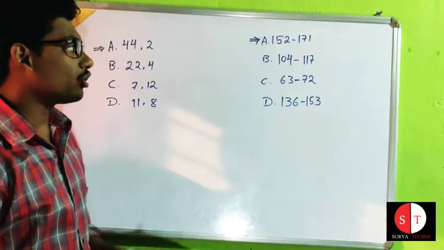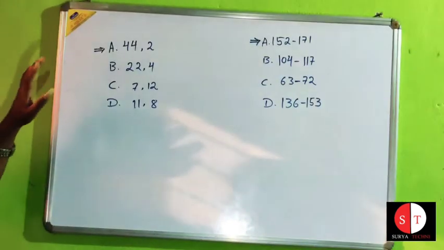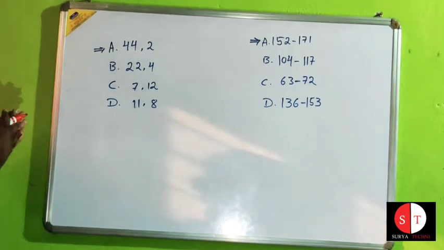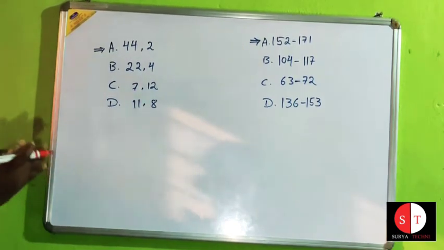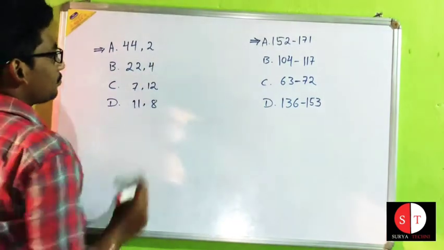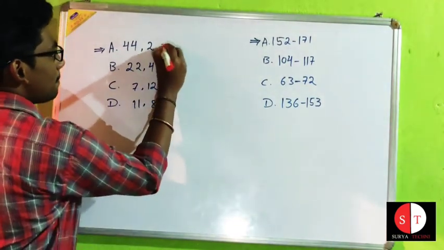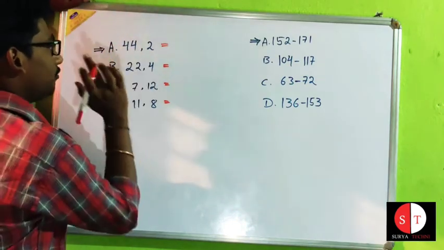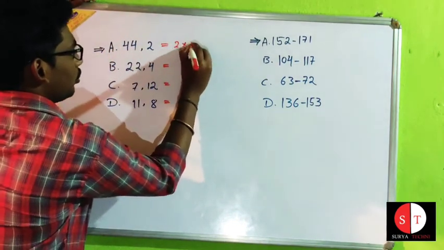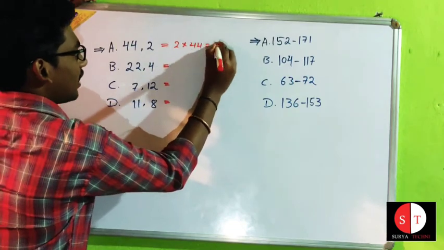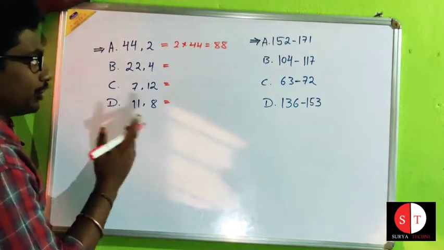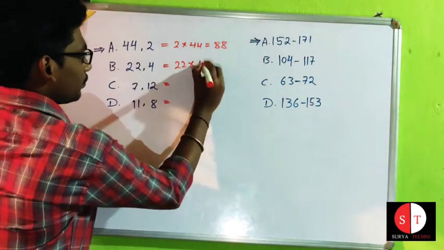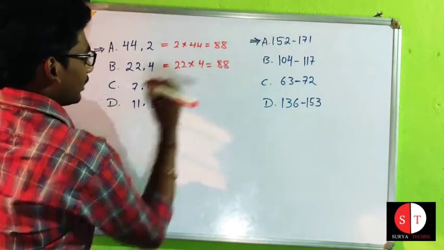Friends, now I will discuss this type of question. Okay, option A is 44, 2; B is 22, 4; C is 7, 12; D is 11, 18. In this type of question, you can see directly. 2 into 44 is 88. 2 into 4 is 8, so 22 into 4 is 88.